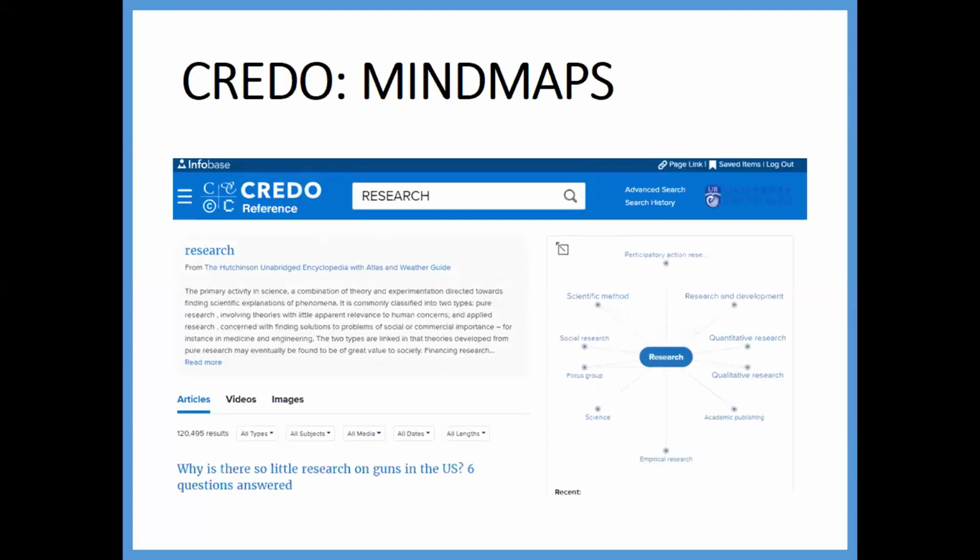As I spoke to the library's resources, under the reference tools area, there are a number of databases that can be used. I just want to draw your attention to Credo, which is one of those resources, and the mind maps that are available in Credo. So doing a typical search on research, what we see here is a mind map, and this shows you a number of subtopics that fall under the topic research.